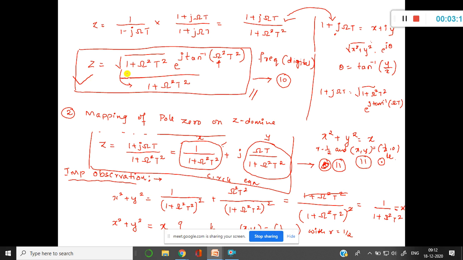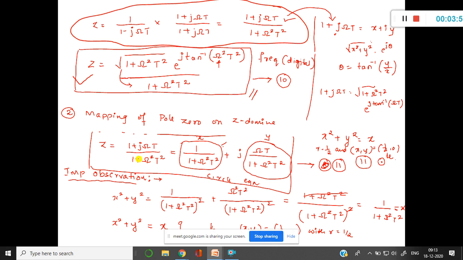This Z equation holds good if and only if all the frequencies of omega are mapped within the unit circle. If it is not going to be mapped within the unit circle, then whatever we designed for Z will be unstable. So in that case, we derived and could cross verify our value, that we took this equation Z equal to this particular equation here.